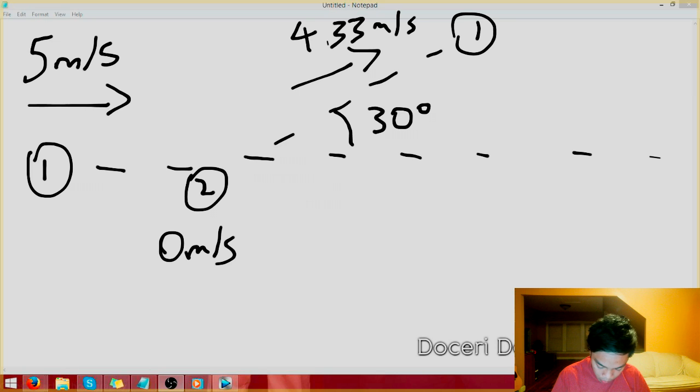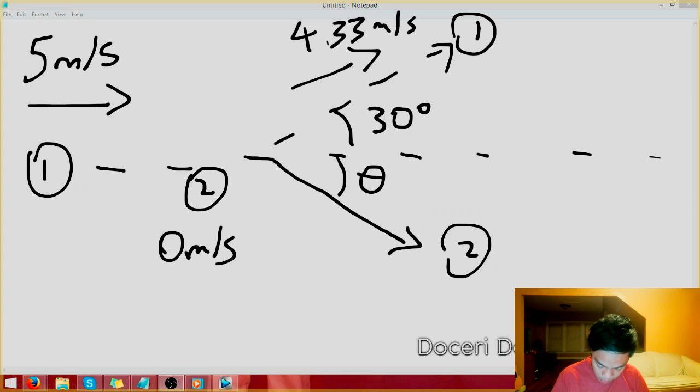What we're solving for is ball number 2. We're going to solve for theta, which is the angle at which it would move away from the original line of motion of ball 1, and the speed, so v2 final.